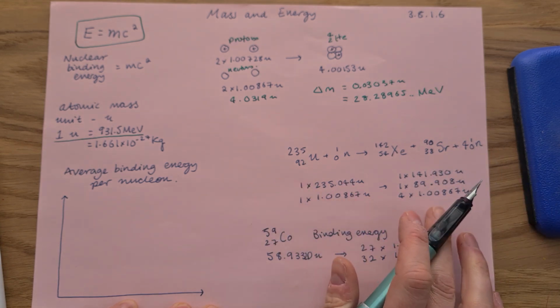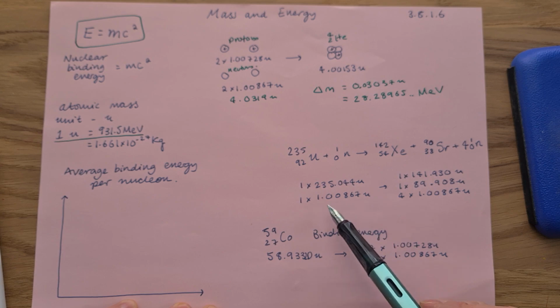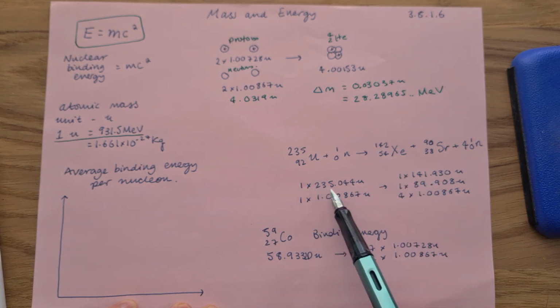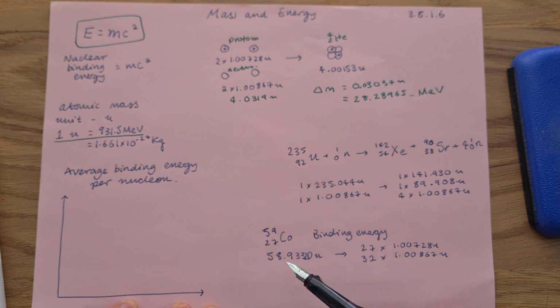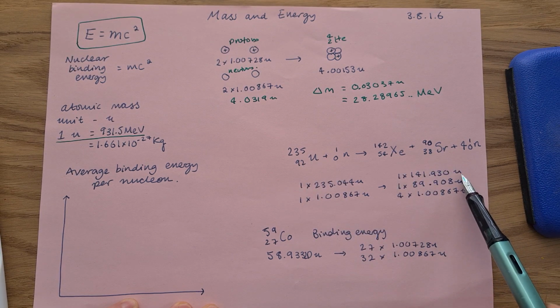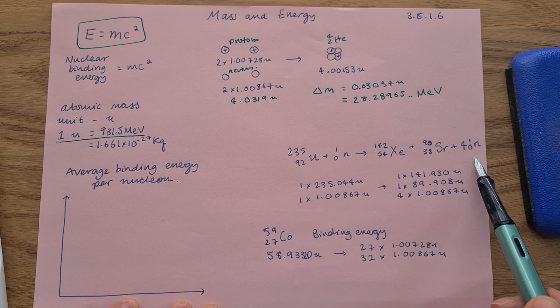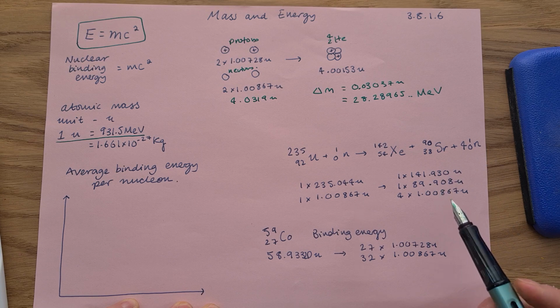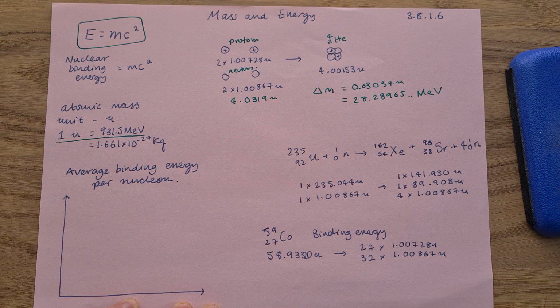So if we want to work out the energy released in this, we look at the mass difference, right? Now they would give you the mass of uranium. Often they give it to you in a little table. So they give you the mass of this, the mass of this, the mass of this in atomic mass units, and then you would look up the mass of the neutrons, which is on the front page of the data sheet. So if we do this first one, we end up with a mass difference.